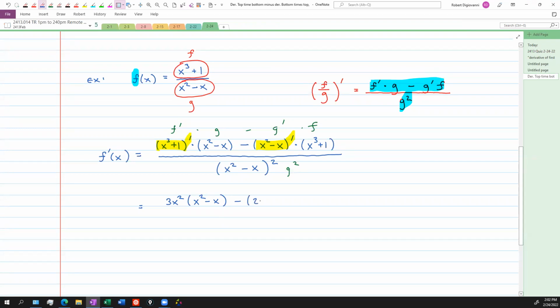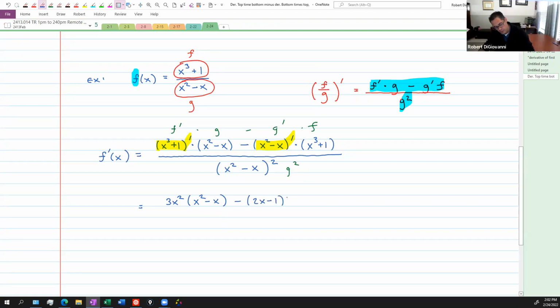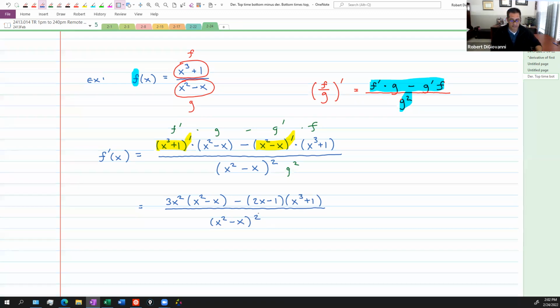In parentheses, and then times the x cubed plus 1 in parentheses. And then all of this over x squared minus x, squared. And I'm just going to leave it like that. That's the raw derivative.